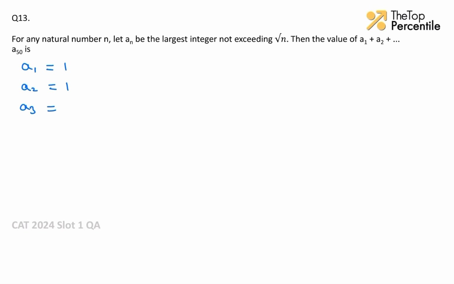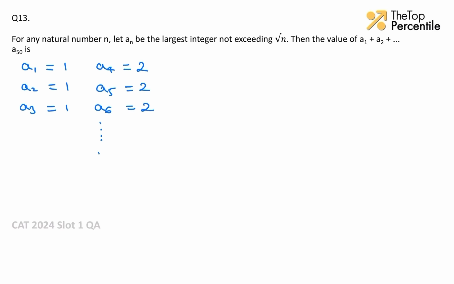A3 will again be root 3, largest integer not exceeding root 3 is 1. For A4, this will be root 4, that is 2. A5, root 5, again it will be 2. For A6 as well, it will be 2.